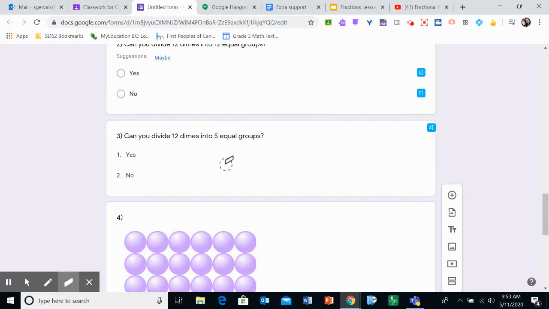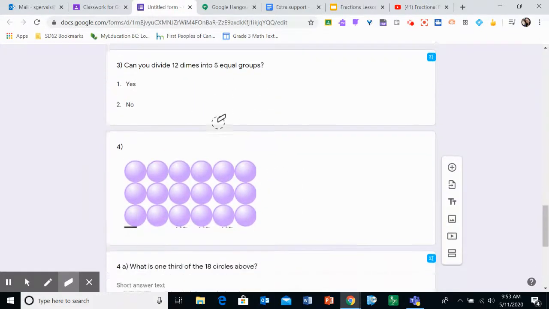If you skip it, then it won't be equal groups. But if you don't skip it and you land on it, so if I was counting by 3s, I would go 3, 6, 9, 12. So I do land on 12. So it would be equal groups. But if I was counting by 5s, do I land on 12? Yes or no? Let me know what you think.